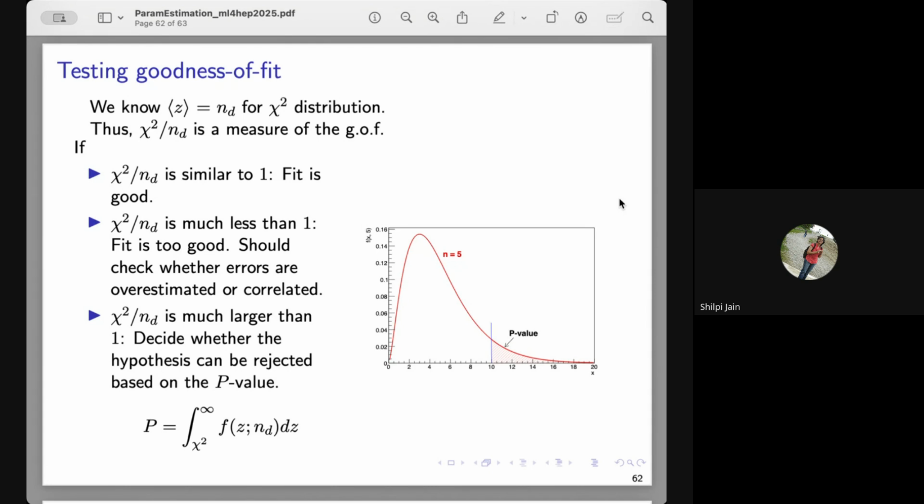Arun, can you elaborate on the second bullet point, which says we should check whether the errors are overestimated or correlated? You mean that if the errors are overestimated, then chi-square will be small? Yes, if the errors are overestimated, chi-square could be too good, because any function can then fit well.